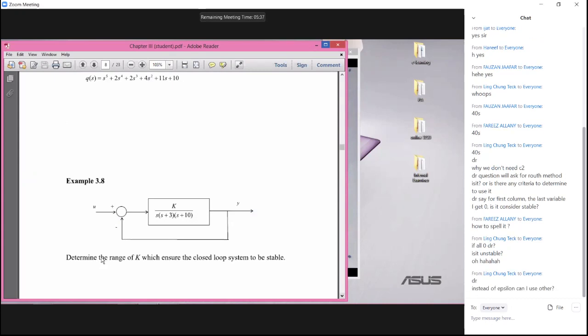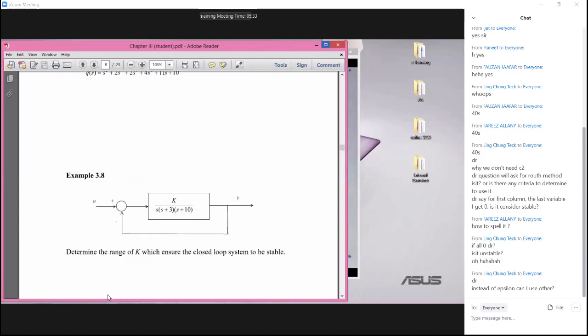In this last example, instead of epsilon, can I use another symbol? Normally epsilon is the standard symbol for a small positive number. You can use another symbol if you want, no problem, but mathematicians normally use epsilon to indicate a small positive number.